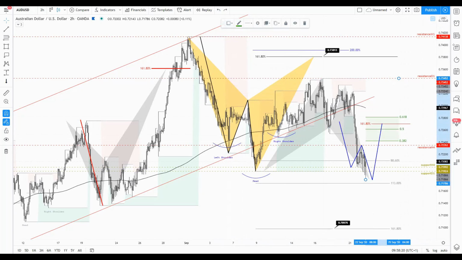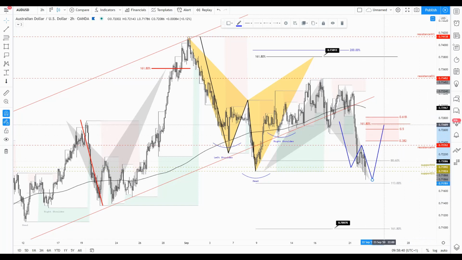I need default targets, and I need these in red. The first one, the 38% Fib, obviously this is the bat pattern, so that is the first target, and the second target at the golden Fibonacci retracement at 72.82.